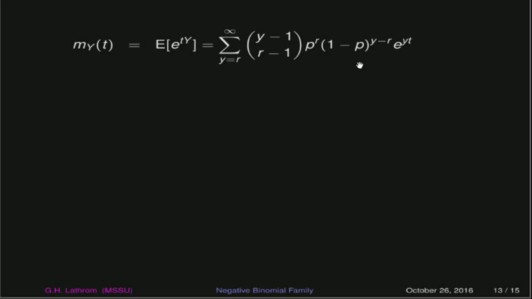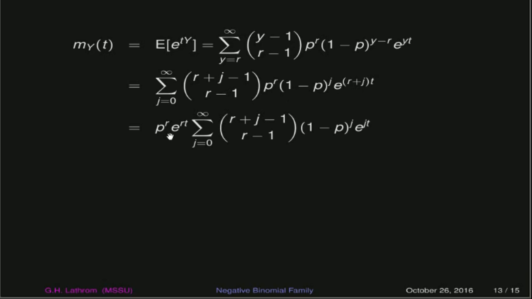Then we do the same kind of trick as we did before. We do a change of index, letting j equal y minus r. So we get this new summation with our index starting from 0 up to infinity. The p^r e^(rt) has no dependence on j whatsoever, so let's pull that out to the front, leaving us with this expression.